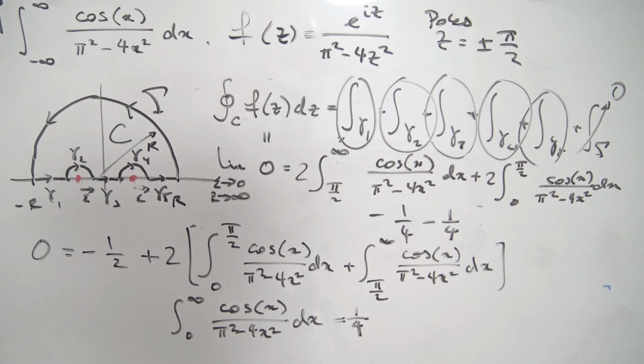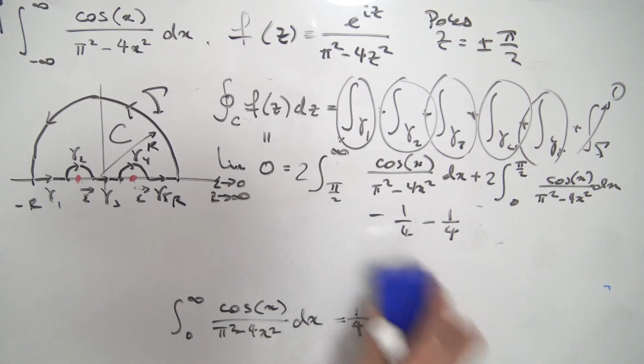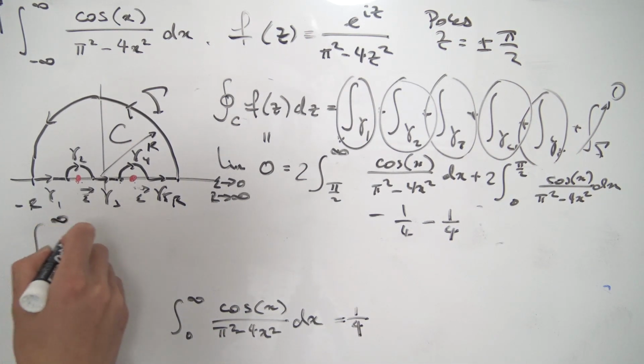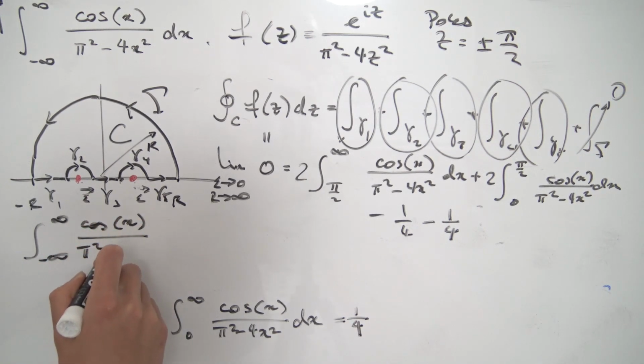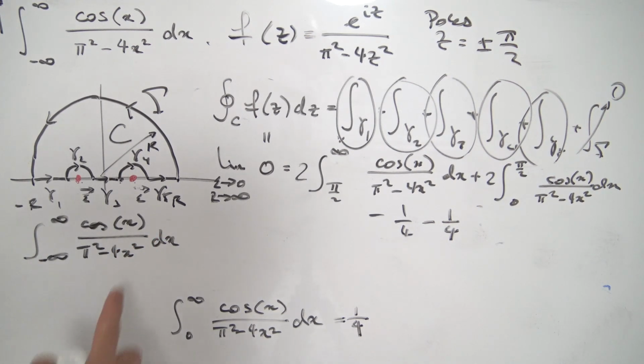But the thing is, this integral isn't quite the integral that we started off with, because we started off with the integral from minus infinity to infinity of cosine of x, all divided by pi squared minus 4x squared dx. And well, notice that this integrand right here is actually an even integrand, because if you plug minus x into here, for example, x squared of a negative is just the x squared itself, and if you plug negative x into here, well, cosine is an even function, so it's going to give you the same value.